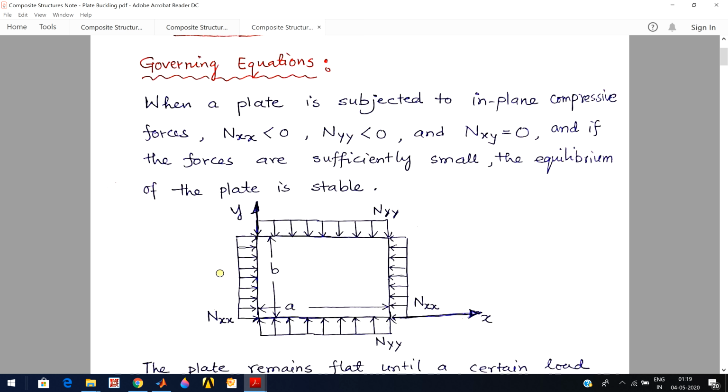So biaxial compression, we can say, and they are compressive loads, so arrows pointing towards the inside of the plate, and we are not considering the nxy in this case.